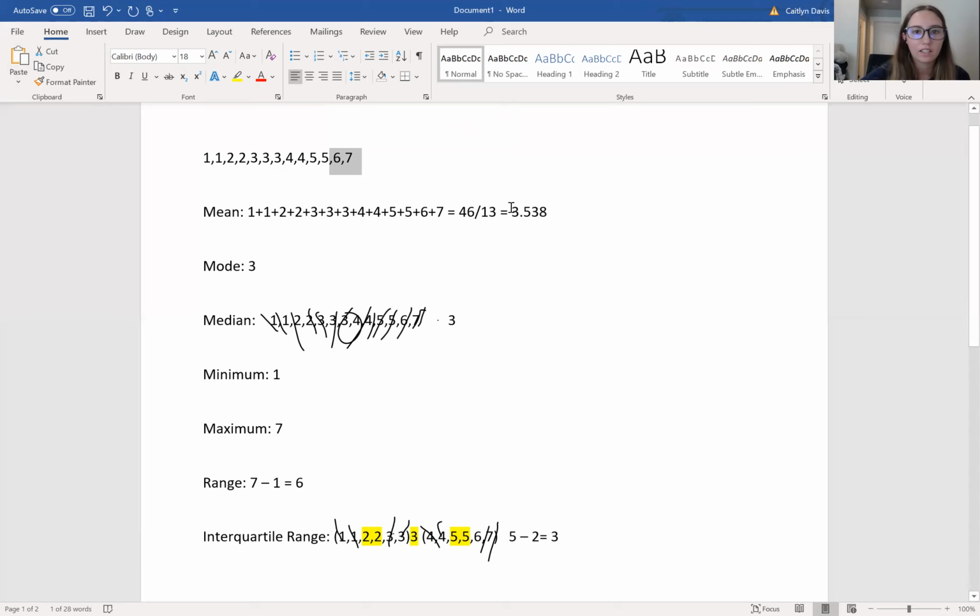This is a really small data set, so it doesn't necessarily mean anything, but the mean is higher than our mode, median, and interquartile range, and our range is significantly higher than the other ones, because we have a low number as a minimum and a high number as a maximum. So just to wrap that all up, it's important to look at all of this. I'm going to stop sharing.